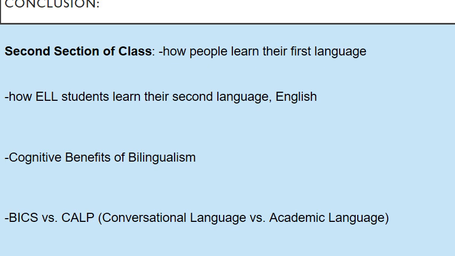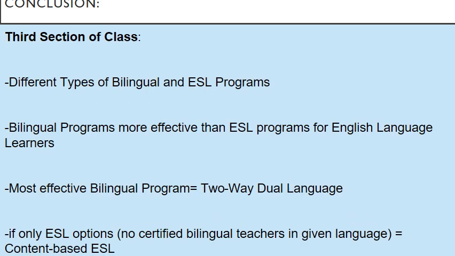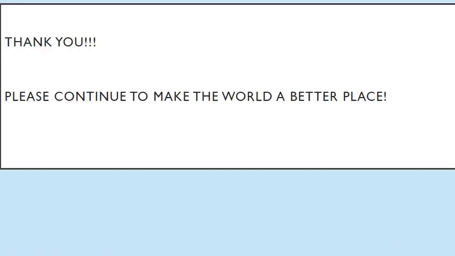And they've done studies, and the more language proficiency that a student has in their native language, the faster they're going to learn CALP, or academic language in English. Our third section of the class was similar to what we talked about earlier today.